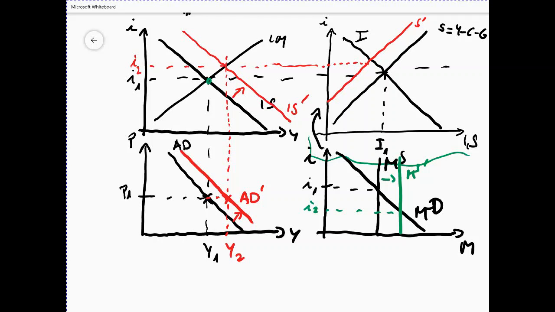So a lower interest rate with higher GDP is going to be, so for example, there will be a shift of the LM curve, and that's going to then give us this higher output at the same price level.